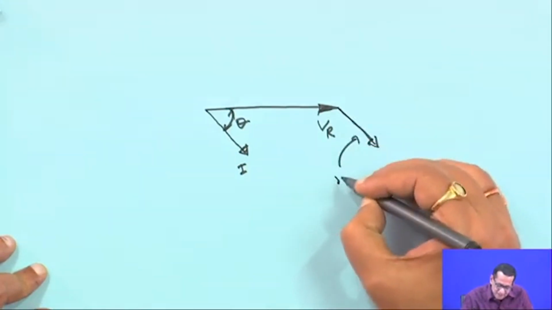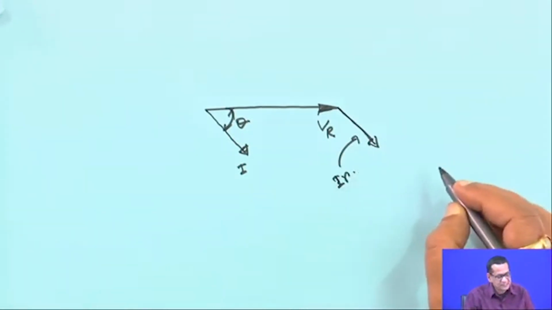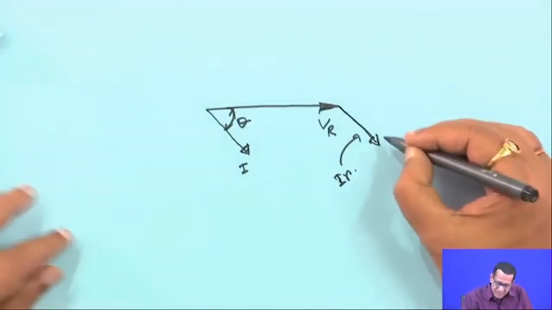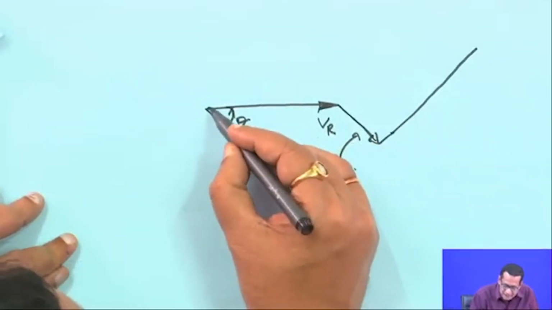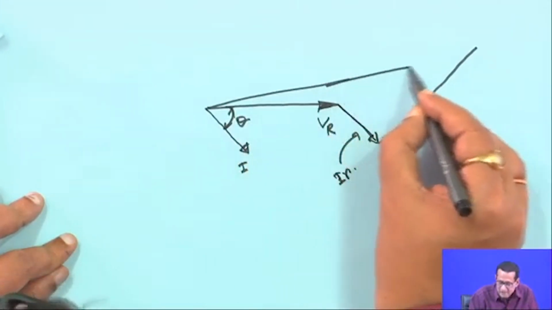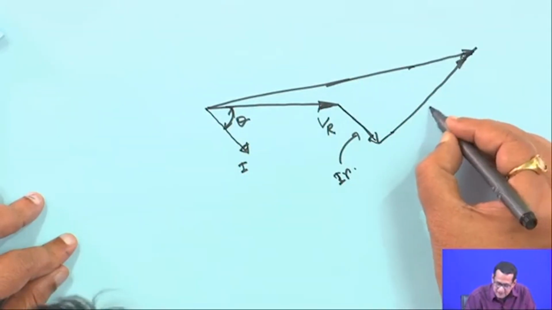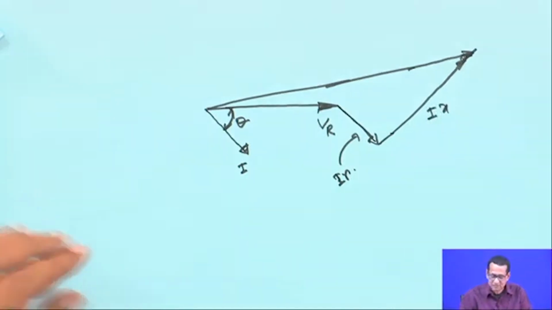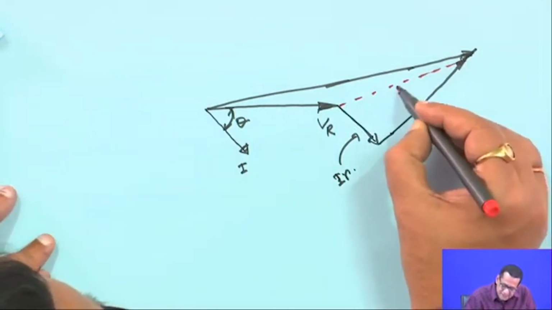So, this term will be IR, because I have taken small r, small x as resistance and reactance, IR, and this is 90 degrees with this, and this will be just somewhere here. So, this is your Ix, I is the magnitude of the current, and this is your Iz.